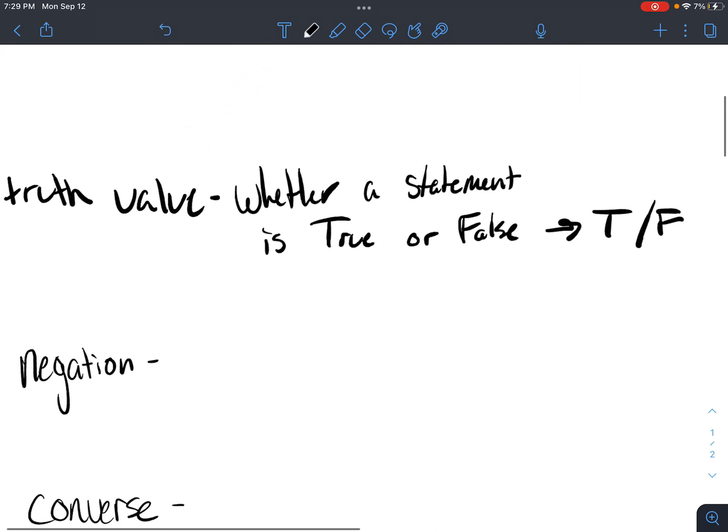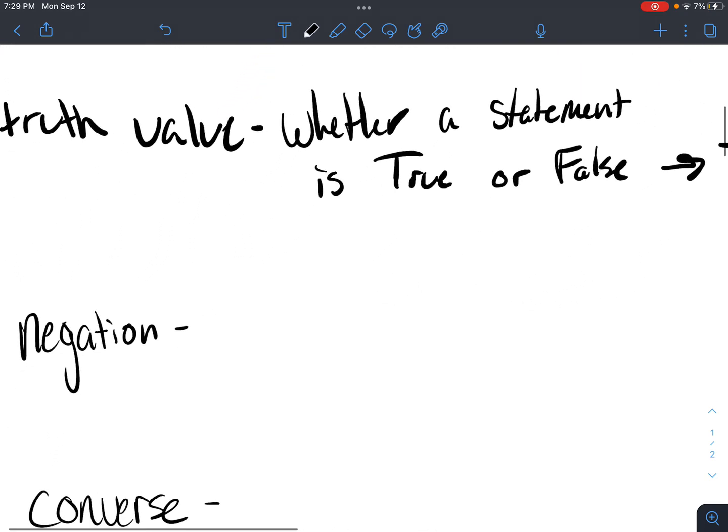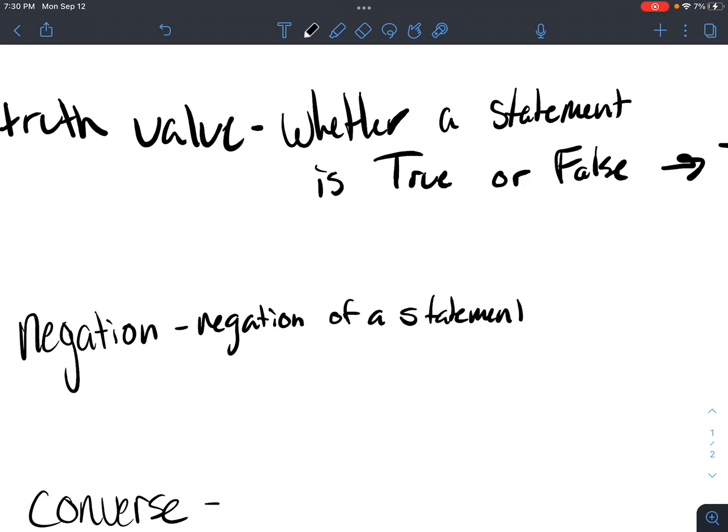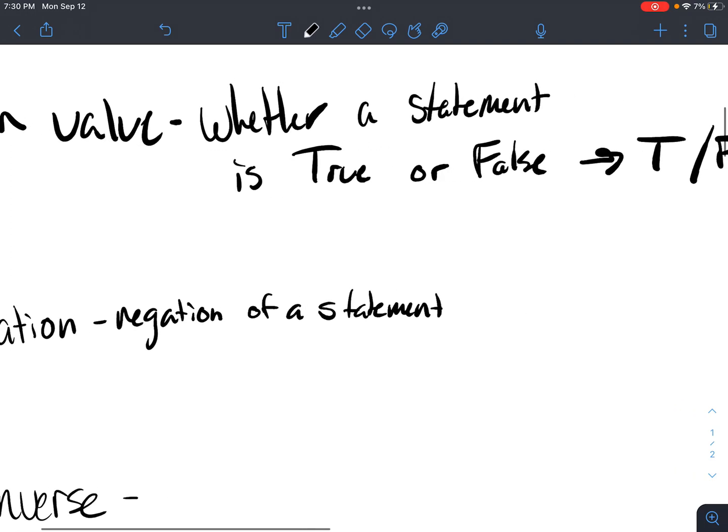Now the negation of a statement basically negates it. So instead of saying the sky is blue, it'll be the sky is not blue.